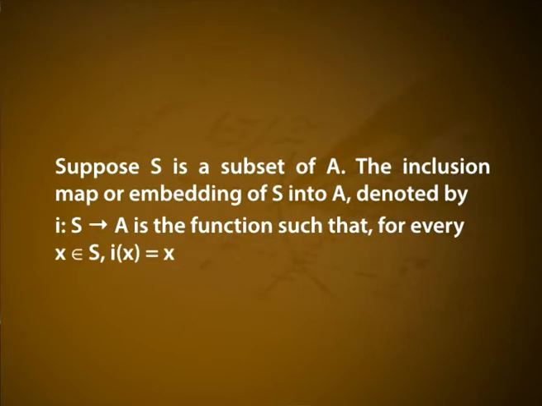Now suppose S is a subset of A. The inclusion map or embedding of S into A, denoted by i: S → A, is a function such that for each x in S, i(x) = x. The restriction of any function f from A into B, denoted by f|S, is the function from S into B such that for any x in S, f|S(x) = f(x).